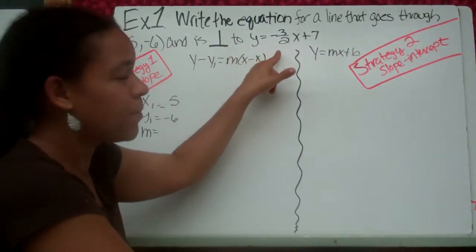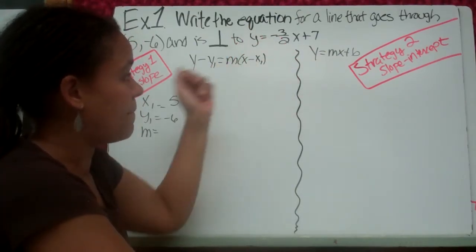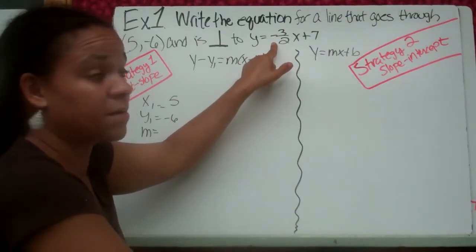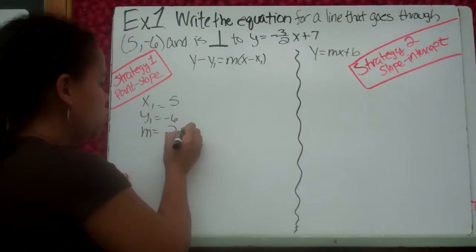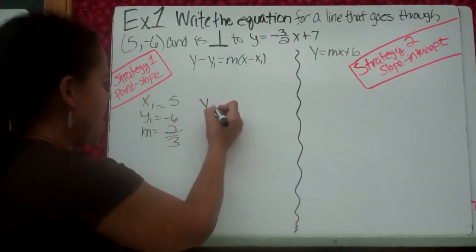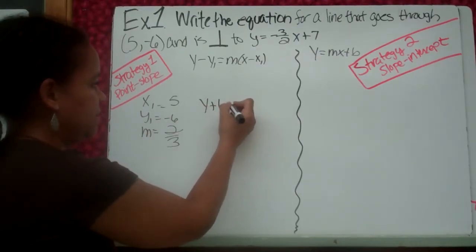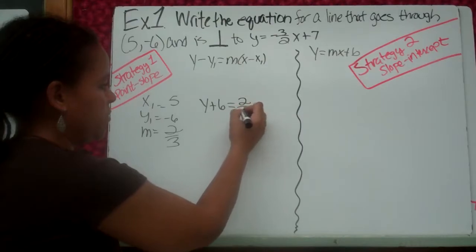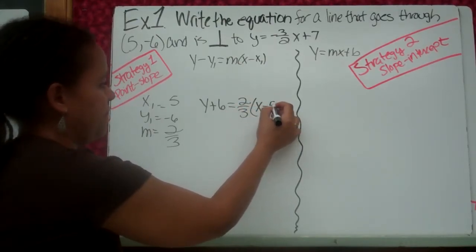If our line is perpendicular to this line, that means our line is going to have the opposite reciprocal slope. So it's not going to be negative, it's going to be positive, and it's not going to be 3/2, it's going to be 2/3. So if we were to write this out, we have y minus -6, which will be y plus 6, is equal to 2/3 times x minus 5.